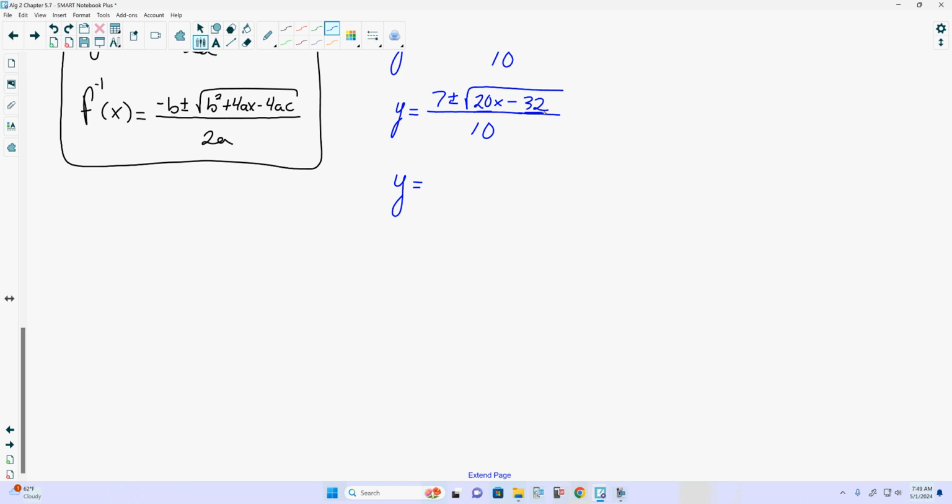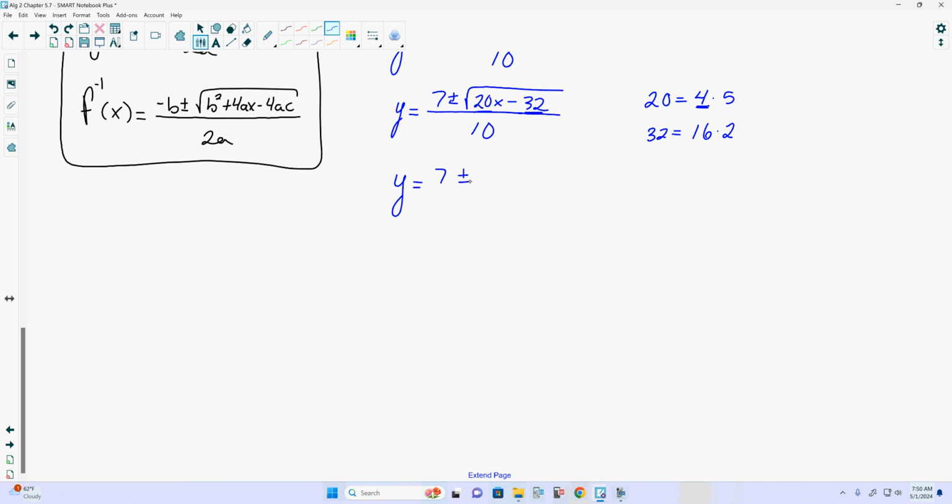We're looking for any kind of perfect squares. Because 20 would be 4 times 5. It does have a perfect square. 32 is 16 times 2. Now we can't quite use all of it because the most we can pull out of both is 4.